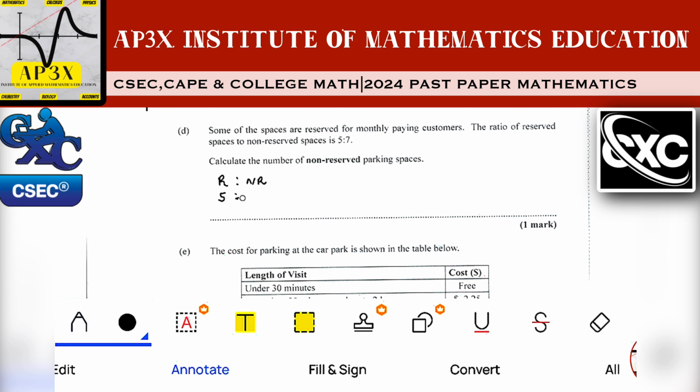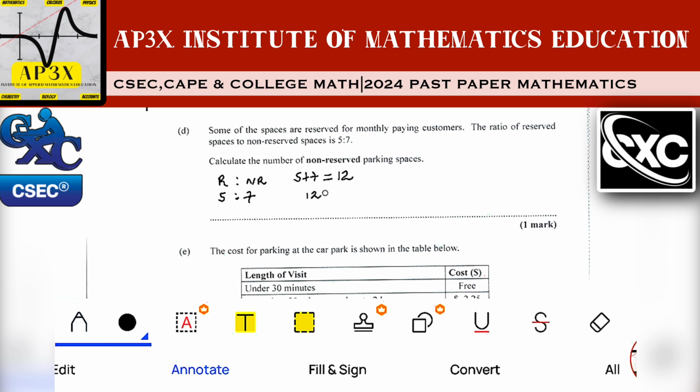So the first thing that we do is just write down our ratio, 5:7. So I can go ahead and say here that 5 plus 7 gives me a total proportion of 12.